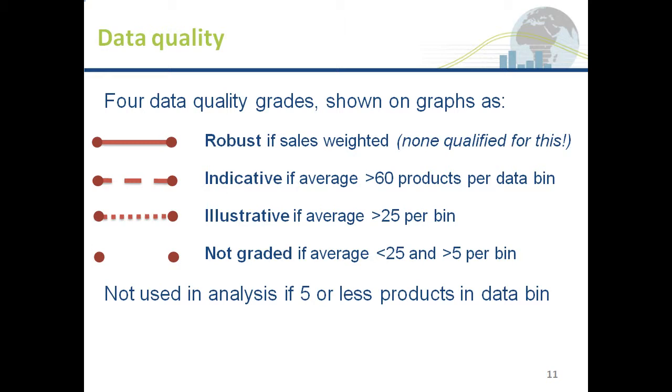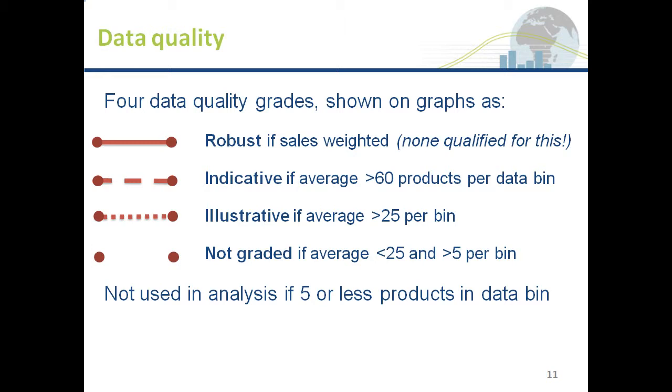But in fact, none of the data that we had was truly sales weighted, notwithstanding the weighting of screen technologies which I've just described, but that isn't a true sales weighting of power, and none of the data sets were classed by us as robust.